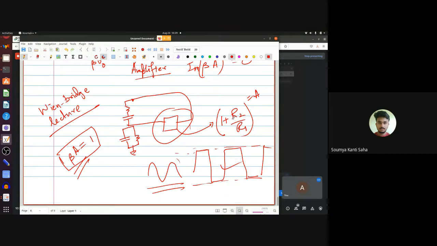A fuse? Yes, but a fuse's job is essentially to melt, right, when you send too much current. But I'm surprised. I gave away the answer, right?